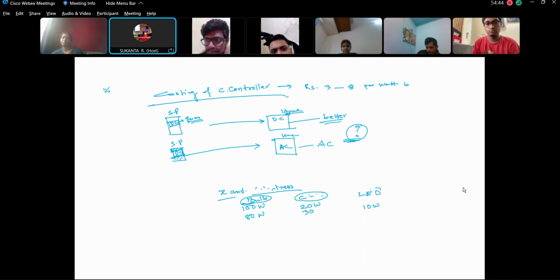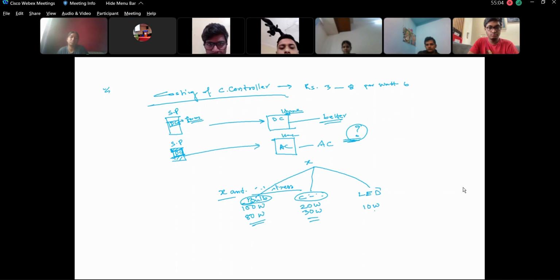All of these will give us the X amount of brightness. The brightness wise, the capacity is the same. But here you see, its energy consumption rate is more.